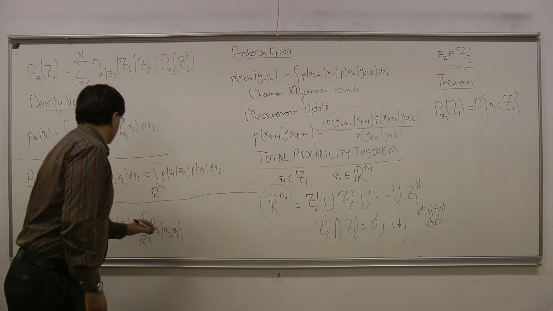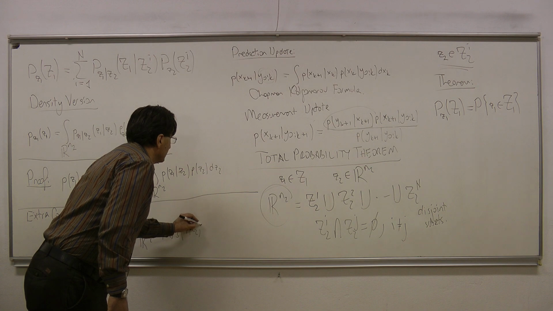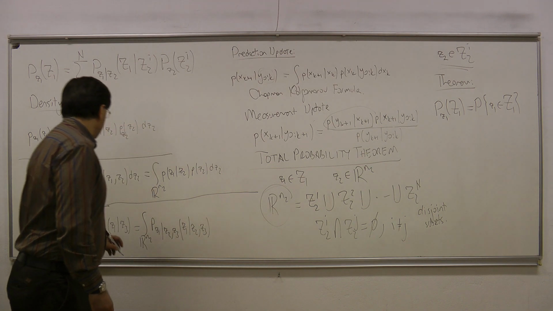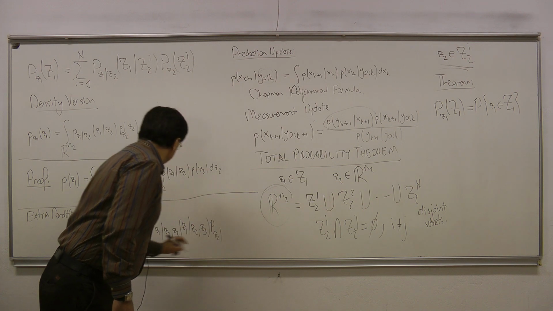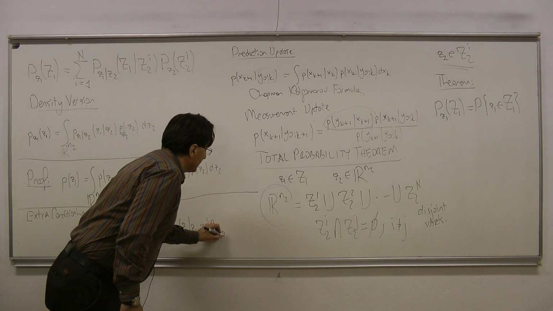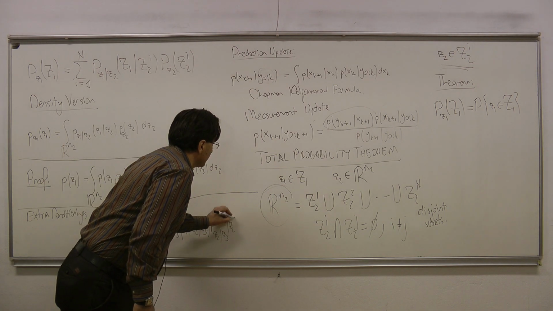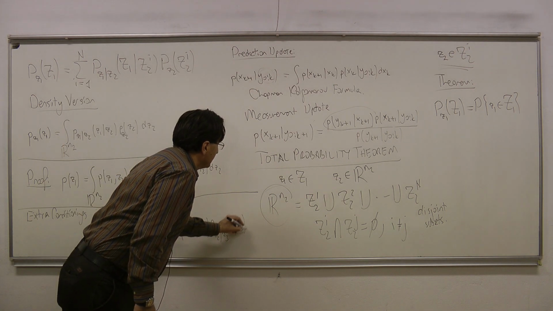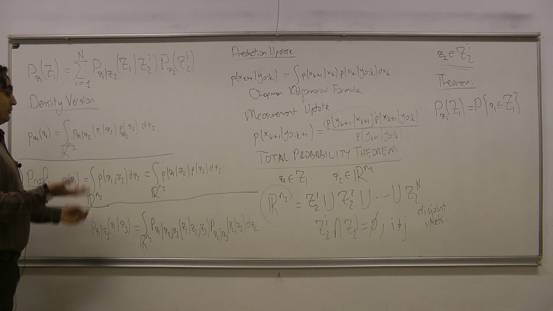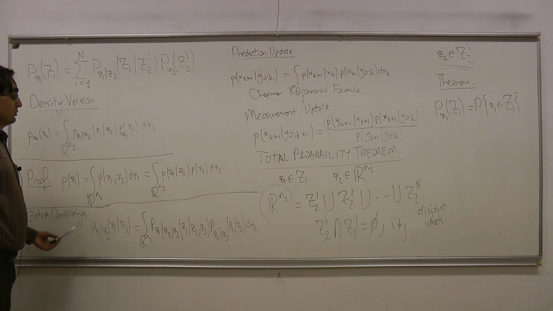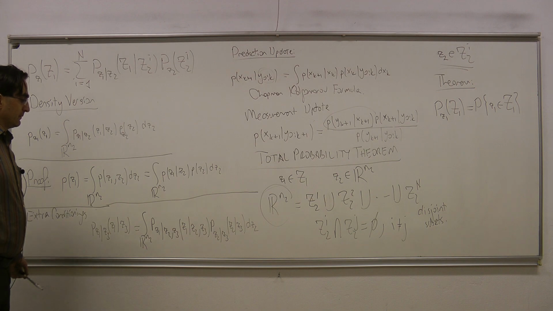Here I have the same thing, Z1, Z2, Z3, and finally I have PZ2, adding the additional conditioning Z3, Z2 given Z3 dZ2. So this gives us the version of the total probability theorem with an additional conditioning.